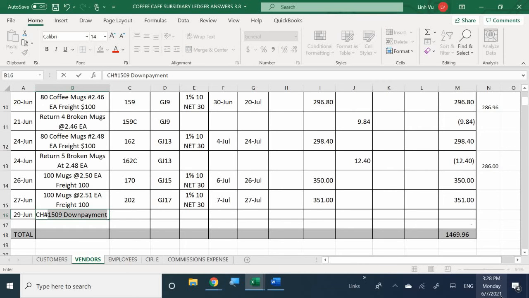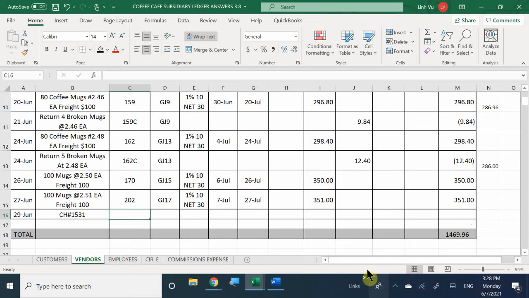Check number 1531, invoice 126, Journal 19.